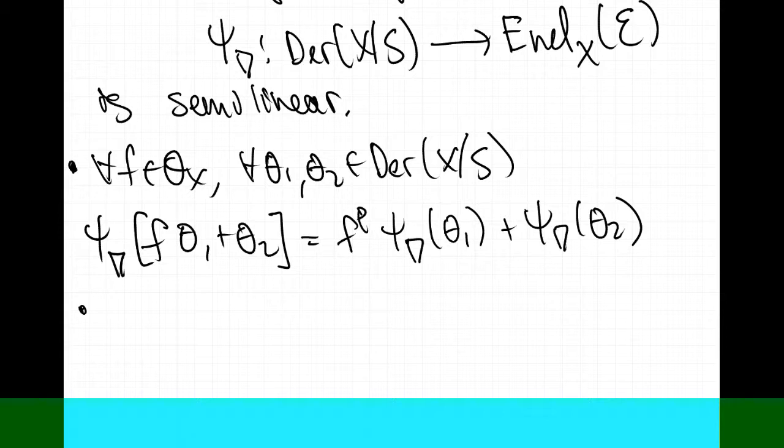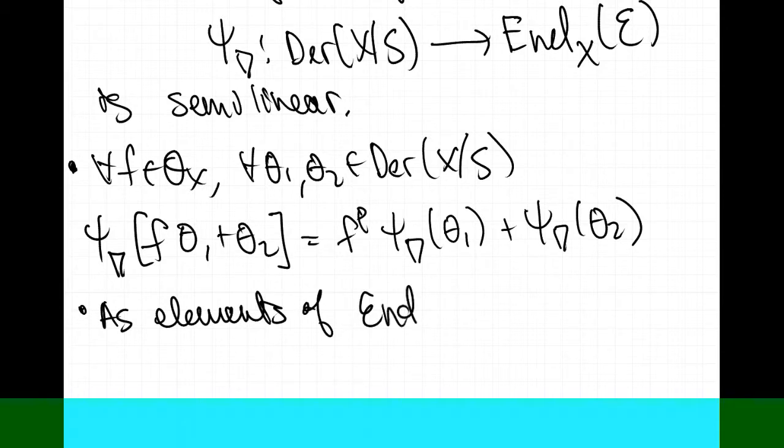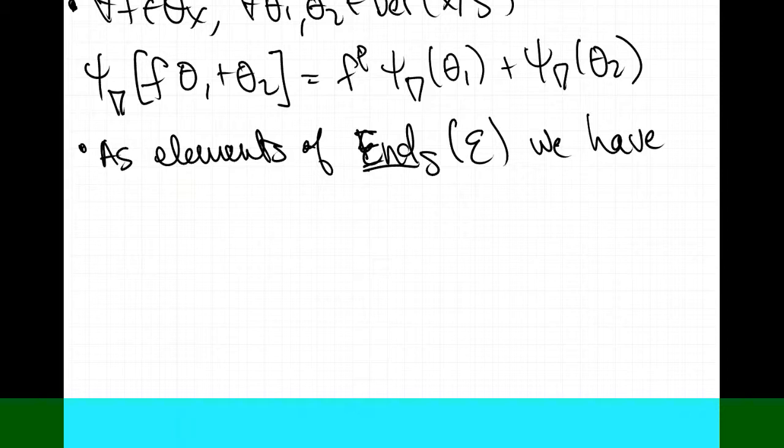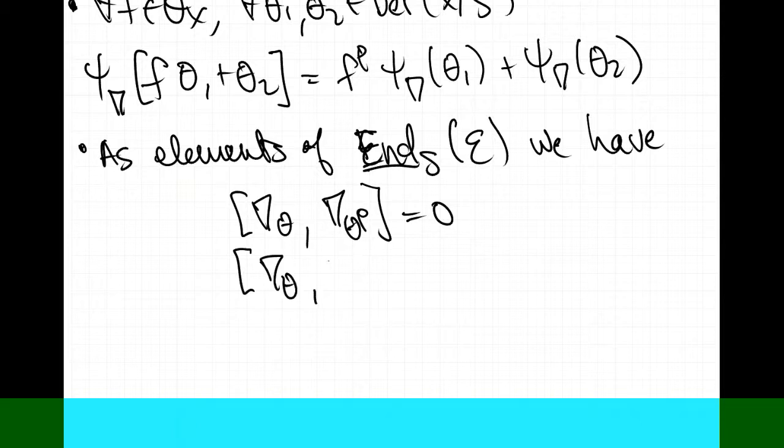In addition, as elements of, let's say, S, of E, we have the following. So a bunch of things are going to commute. Here, psi theta 0.